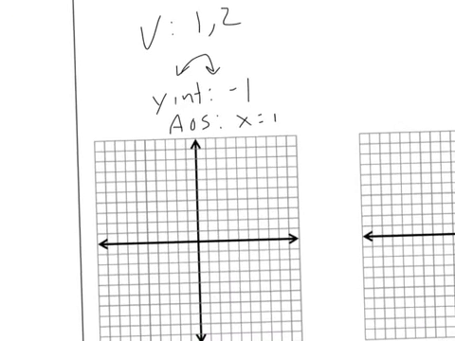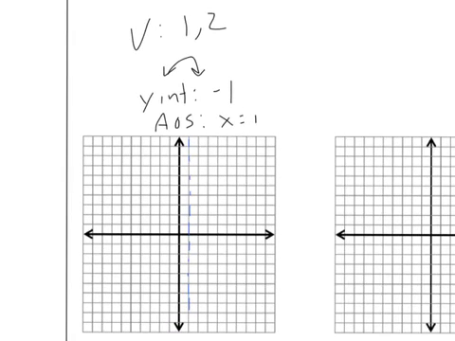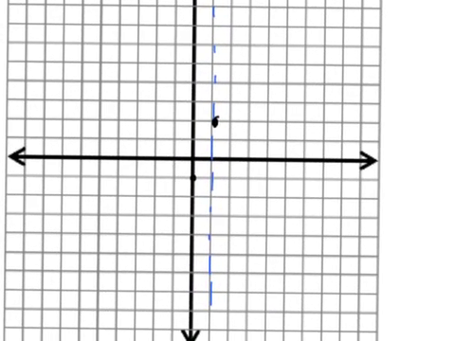We can put all this together to actually graph it. I'm going to do the axis of symmetry first. That's at x equals 1. Draw that in. I'll put in my vertex, which again is 1, 2. There it is. The y-intercept is at negative 1, so let's put that in. Now let's zoom in and put some other points here. The axis of symmetry gives me free reflection points. If this is a point, then one on the other side of the axis of symmetry must be a point as well.